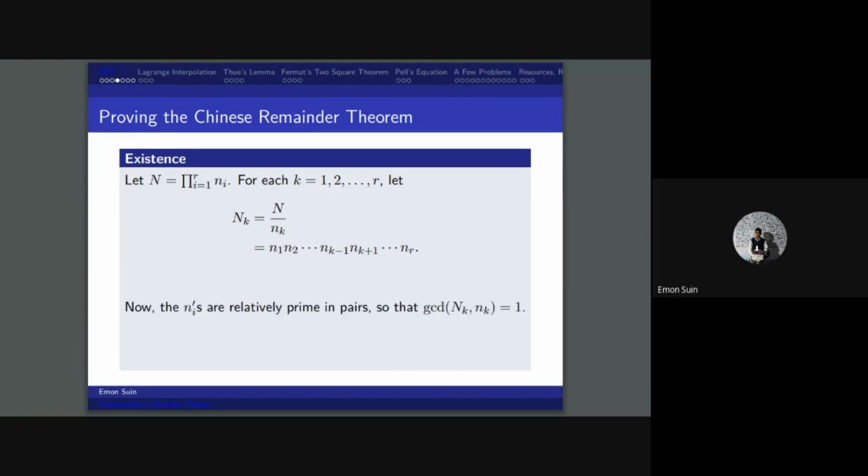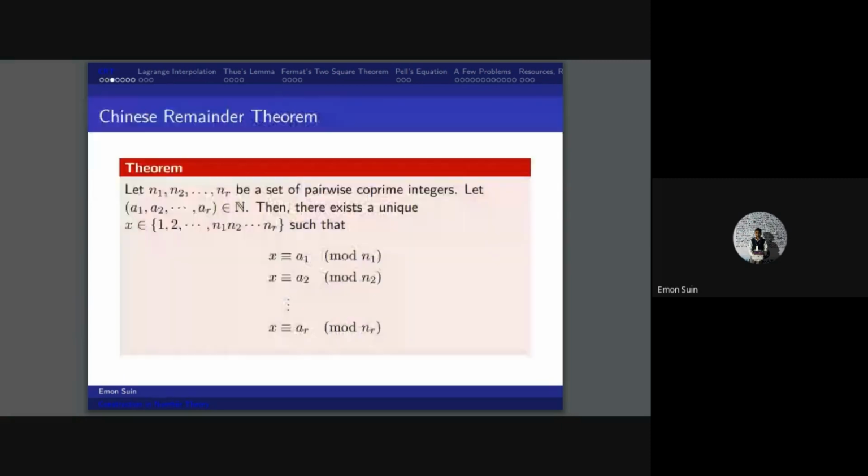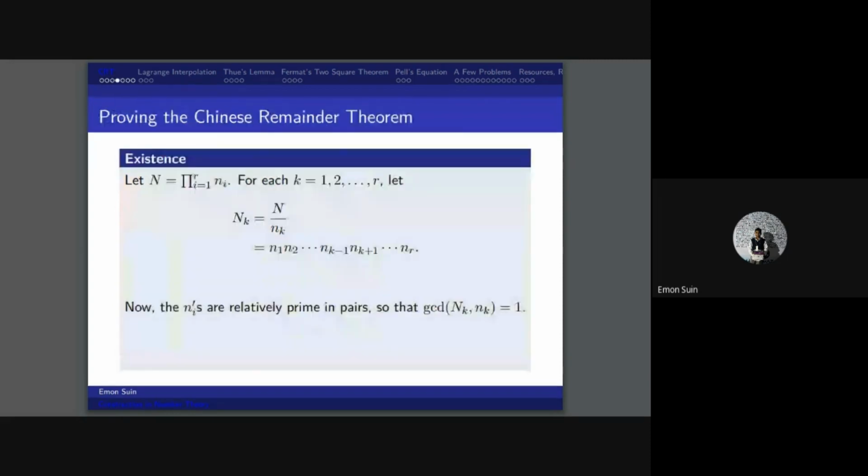Now, the ni's are relatively prime in pairs, right? We are given that the ni's are relatively prime in pairs. If you look at the statement, let n1 to nr be a set of pairwise coprime integers. So we have GCD of capital Nk and small nk to be 1. Why? Because in capital Nk you have all the product terms multiplied except this small nk.